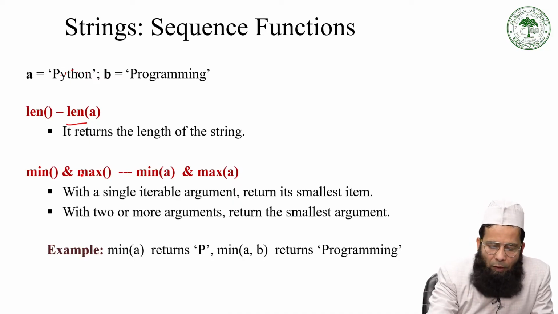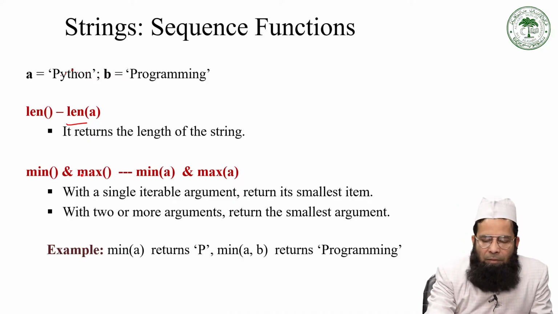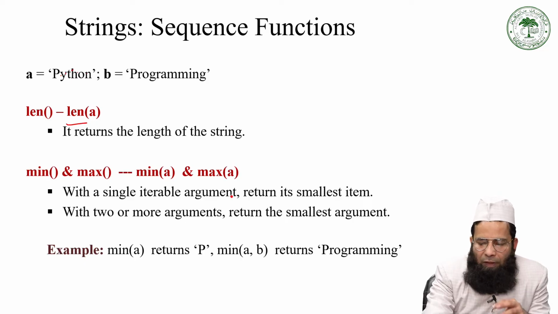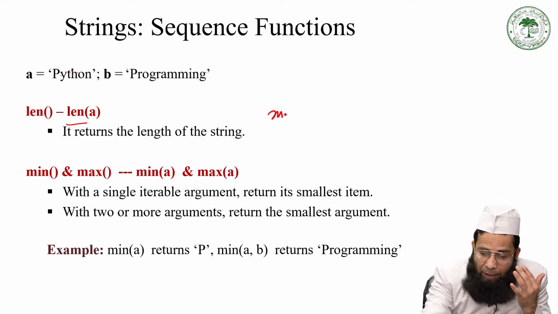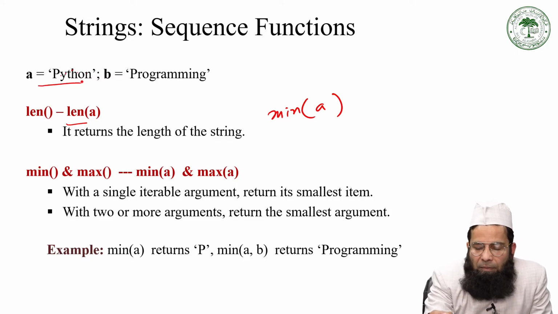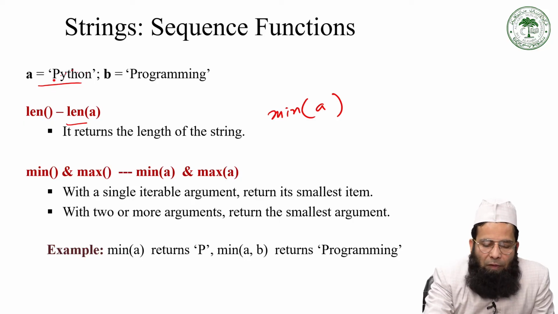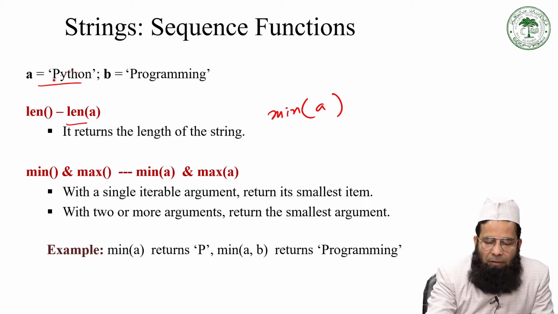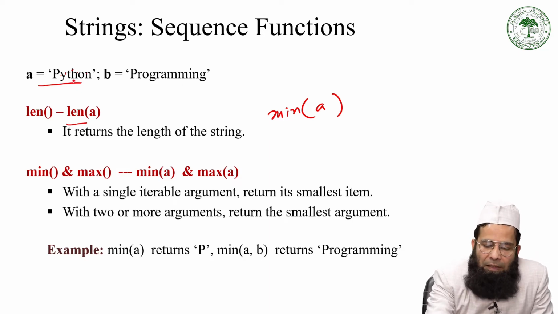Similarly, I can find the minimum character or maximum character; it has 2 different versions actually. If I am writing min(A), it would give me the minimum character in this string. The minimum character in this case is capital P, since the ASCII value of capital P is less than the other characters.